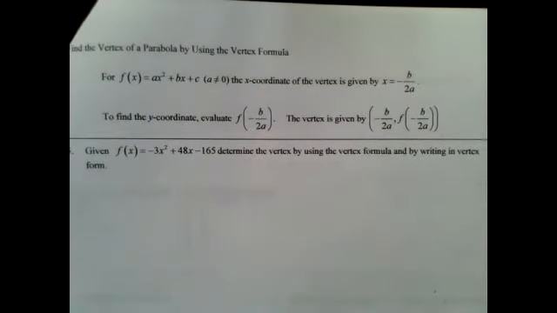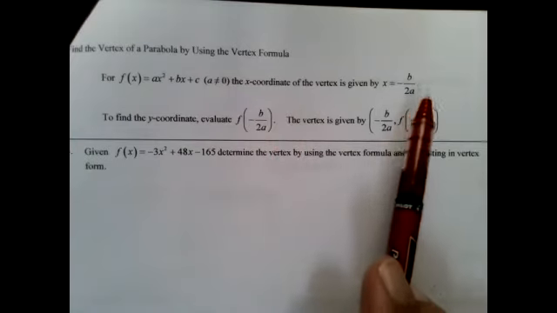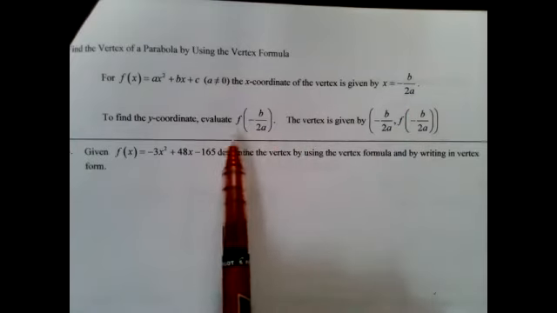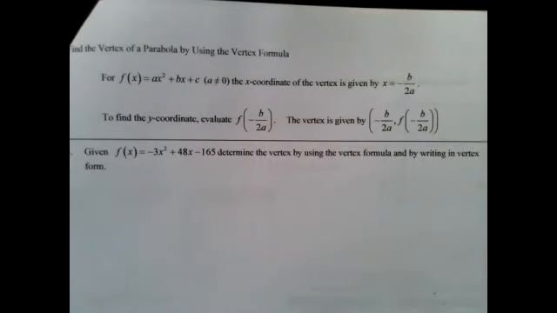Oh my, it says find the vertex of a parabola by using the vertex formula. For the x coordinate is such and such. To find the y coordinate, evaluate that. The vertex is given by that. What does all that mean?